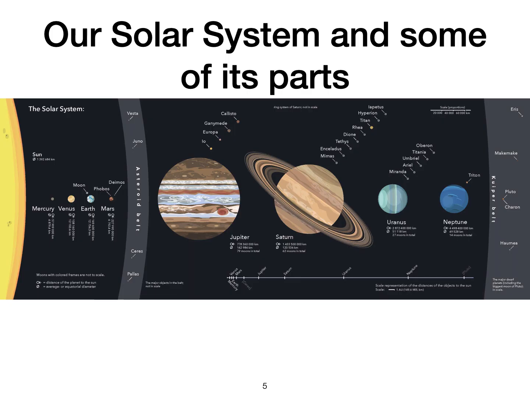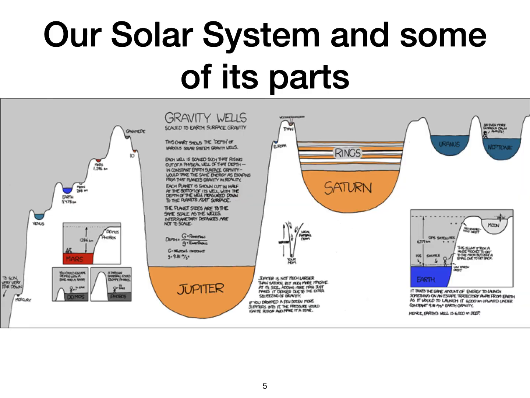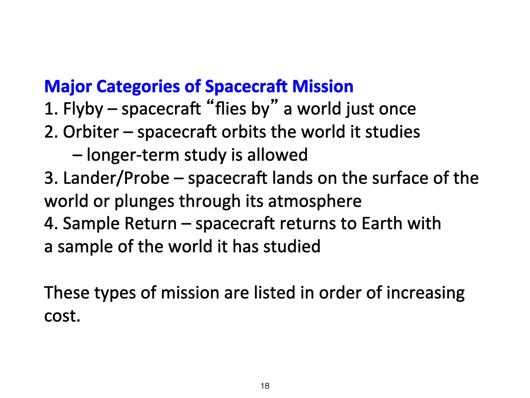So not only do you need fuel to get there, but once you get there, you have to fire your rockets in the opposite direction of your travel so that you can fall into the wells around Jupiter or Saturn and so on, and then start orbiting like its moons. Like Io and Europa, notice that they're partway down the well of Jupiter. So orbiters tend to be bigger and have to carry more fuel than just a flyby, like New Horizons.